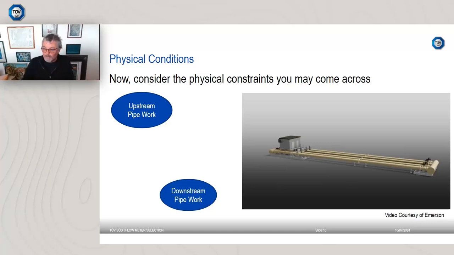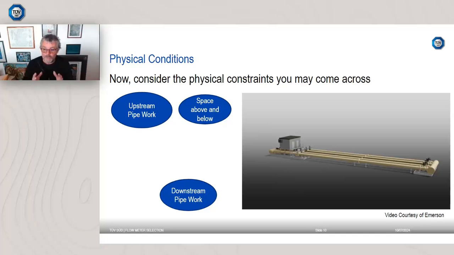Clearly, downstream pipework, the same logic applies. But we also have to look at things like space above and below. Now, this might sound a bit crazy, but some of these things are heavy, and if things go wrong, they have to be lifted up to be taken out. They also have to be lifted to be put in the first place.